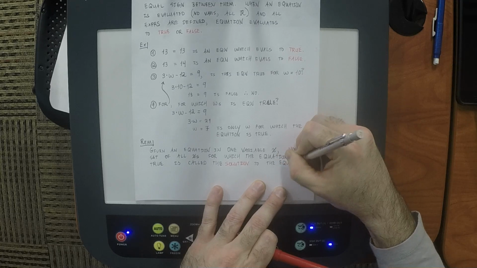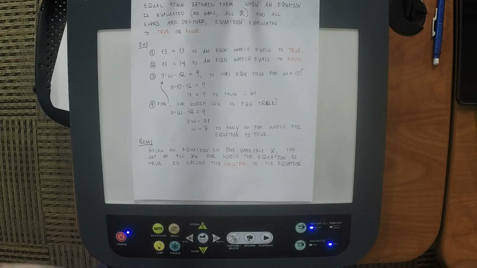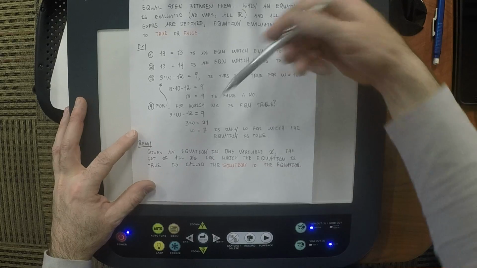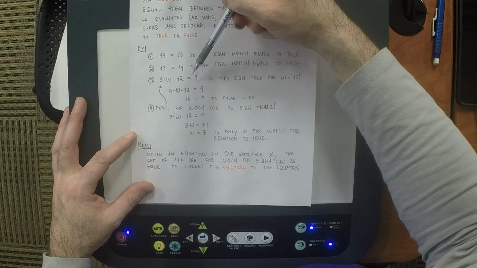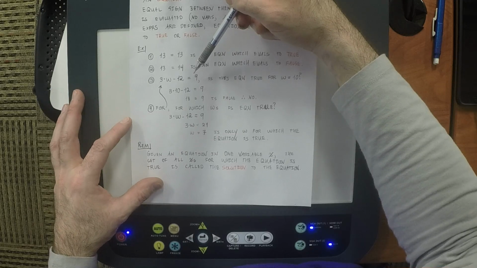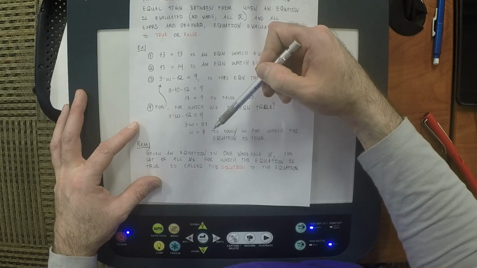Okay. So notably, a solution is a set. That is to say, for this equation, 3 times w subtract 12 equal 9, the solution is the set containing 7.